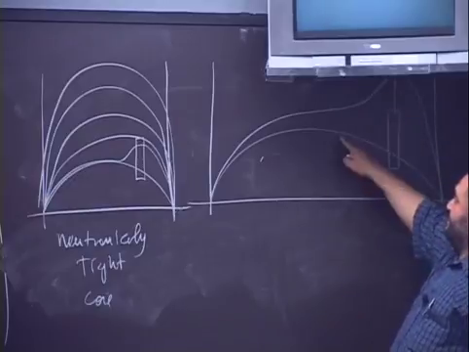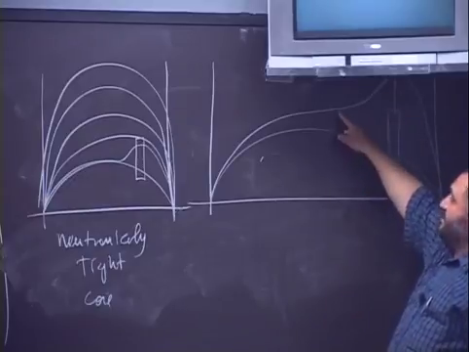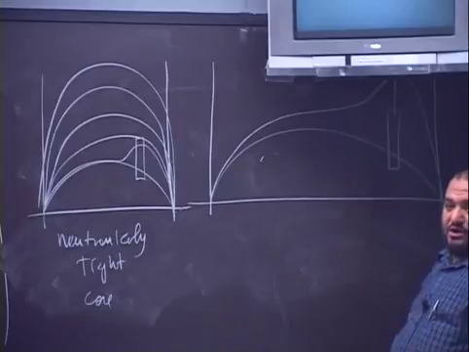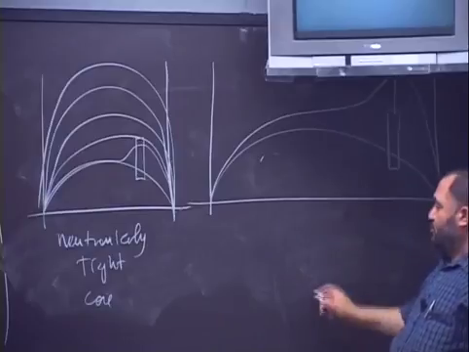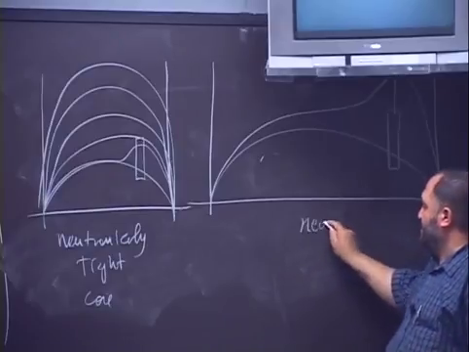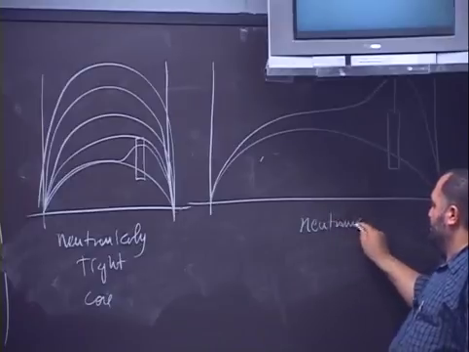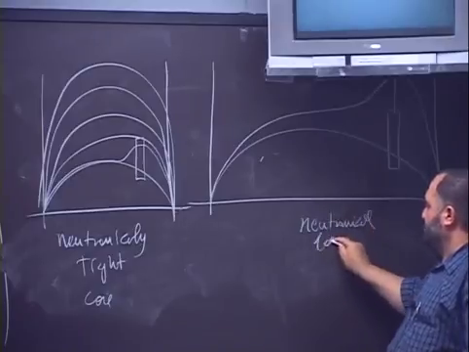So I cannot say that the flux shape with respect to position r is the same. So this is called a neutronically loose core.